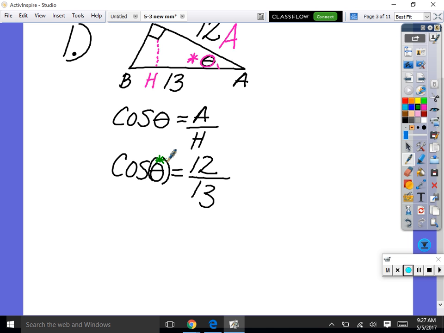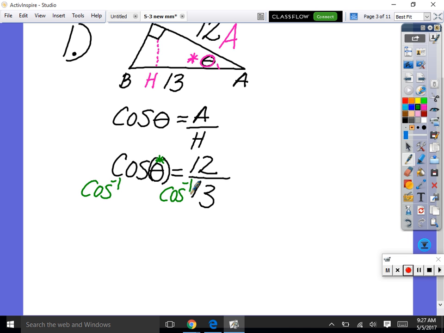So what we do here is we've got to undo cosine. Now cosine's not like multiplication. This is cosine entrapping theta. The only way to undo it is to apply the inverse. So what you're going to do, everybody, is go like this: cosine inverse, so that little -1 means inverse. And you have to do that to both sides of the equation because you have to do it equally. So you write cosine inverse of both sides.